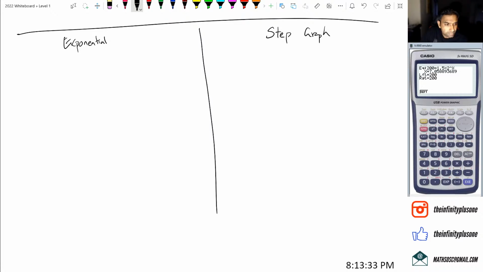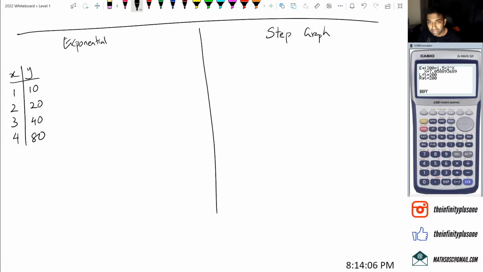Let's try this. Alright guys, I'm going to give out 3 points for the exponential one: 10, 20, 40. For those of you that want to try exponential questions, that's on the left hand side of the board, and for the right hand side we're going to be doing a little step graph.